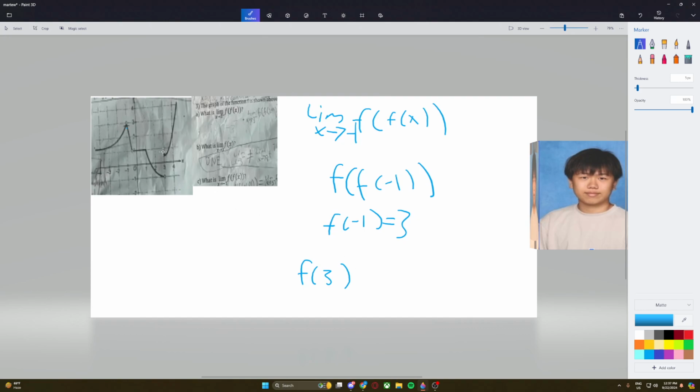So f of 3. Well, we see here that there's two values for 3 for the limit. If you think it's just f of 3 equals 1 or 1/2, you're wrong, because it's not actually f of 3. Just because there's a black dot here doesn't mean anything.